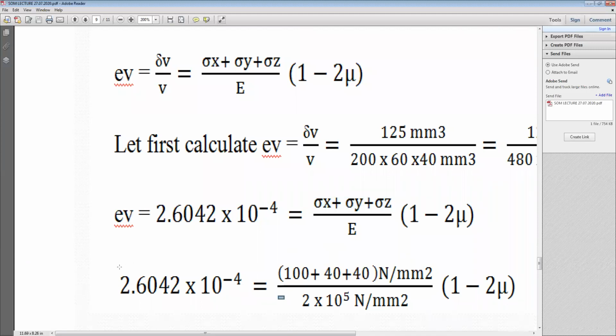So 2.60 into 10 to minus 4 is equal to 100 plus 40 plus 40 Newton per mm square divided by 2 into 10 to 5 also Newton per mm square. Newton per mm square will get cancelled to each other. Strain has no unit, one also has no unit, so mu automatically has no unit. Please carry out the quantity of mu.